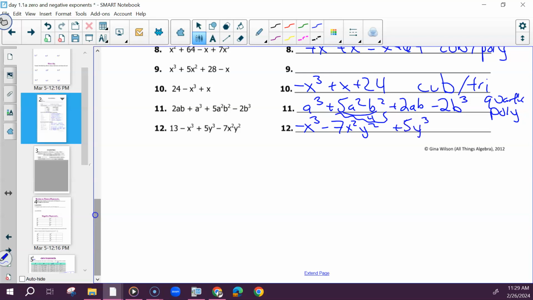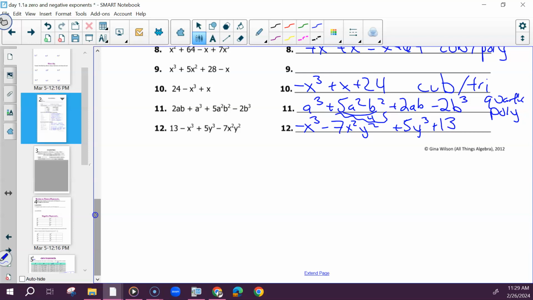And then if you're writing degree and number of terms, it would be the same as 11.